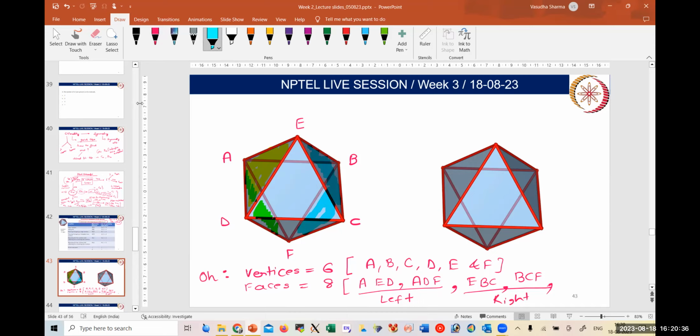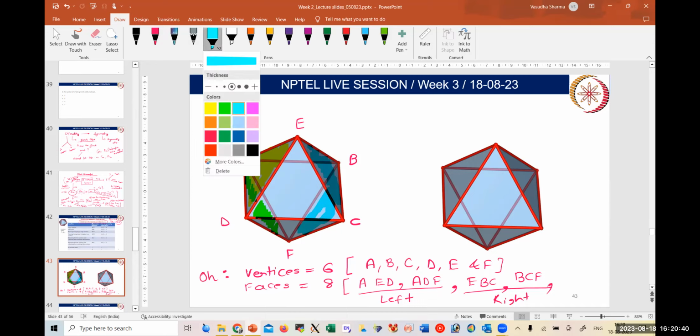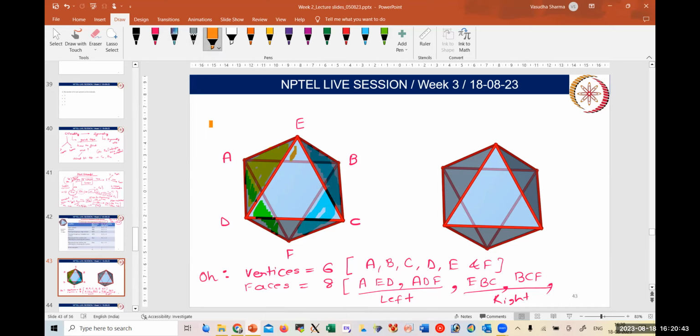Now, there would be two front faces and two back faces. Similarly, I will show you here. For example, this is the front face, which is called ECD, and the inverted one, this DCF.